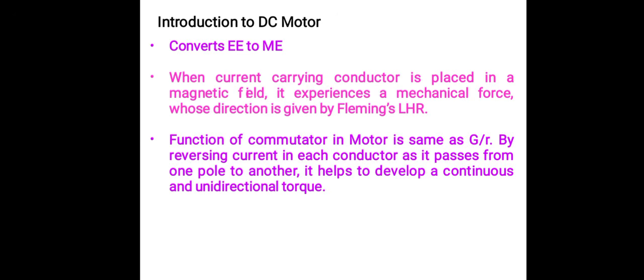When it is under the N pole, it is in one direction, and when it is under the S pole, that is the south pole, it is in the other direction. It helps to develop a continuous and unidirectional torque. So here the commutator is used to produce unidirectional torque, whereas in a generator it is used for getting unidirectional current.